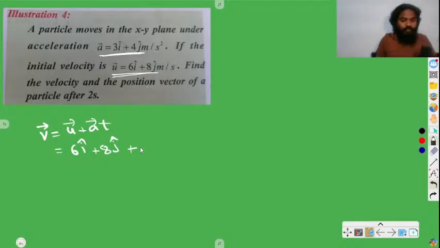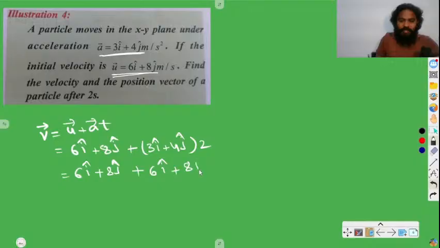So what happens here, 6i cap plus 8j cap plus acceleration, which is 3i cap plus 4j cap, into t. What is t? It is 2 seconds. Now 6i cap plus 8j cap plus 3 2s are 6i cap plus 8j cap, right?